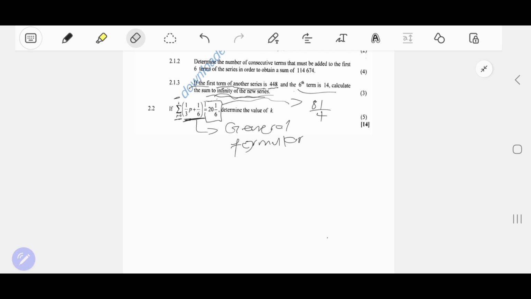Another thing, people, that you need to take note of is how to get the number of terms that are added here.